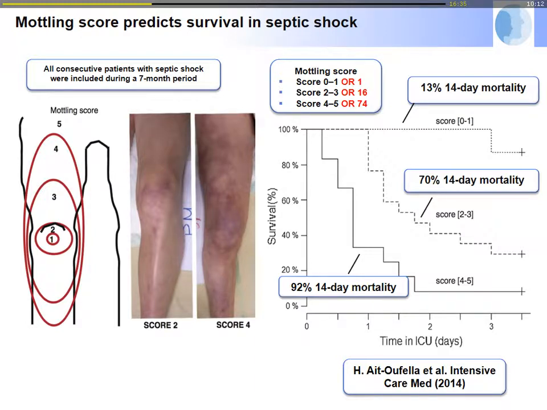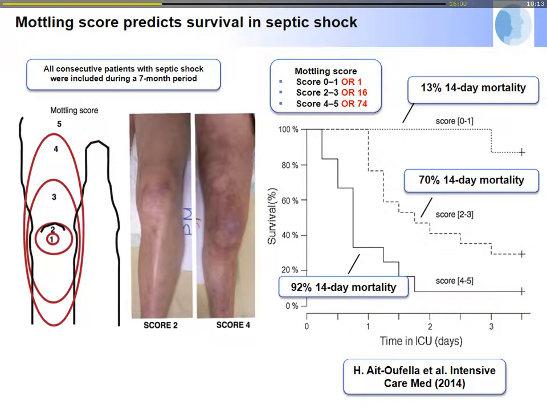And you can see that when you have the highest score, the mortality was 92%, and when you have a score between 2 and 3, the mortality, you can see on the picture, was 70%. So very high. So when you have this kind of patient, the mortality is high. Just by looking at the patient, you know there is something wrong.